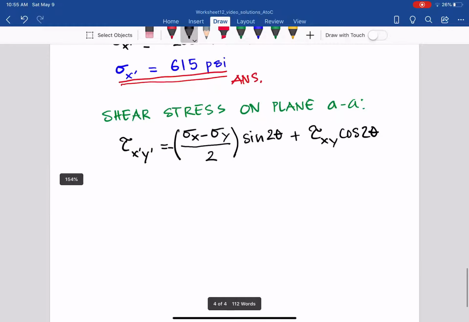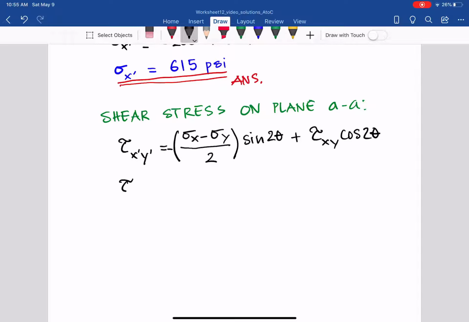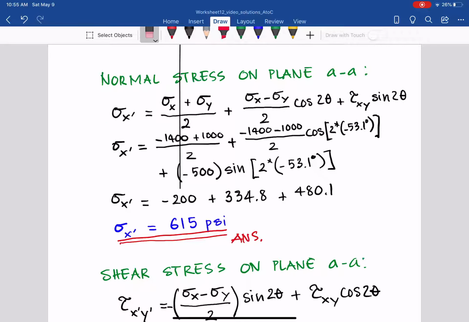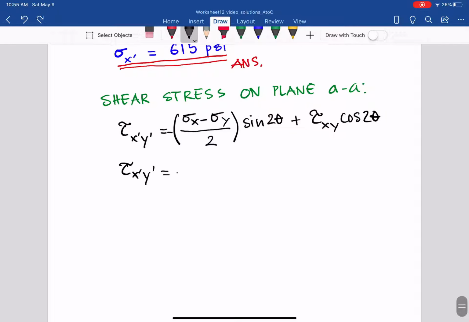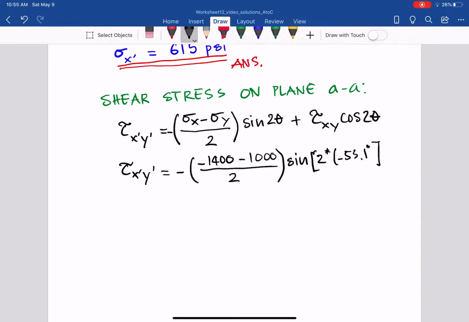Everything we already have, so we just plug in. Tau x apostrophe y apostrophe equal to negative 1400 minus 1000 divided by 2 sine 2 times negative 53.1 degrees, plus tau xy, which is negative 500, cosine of 2 theta.